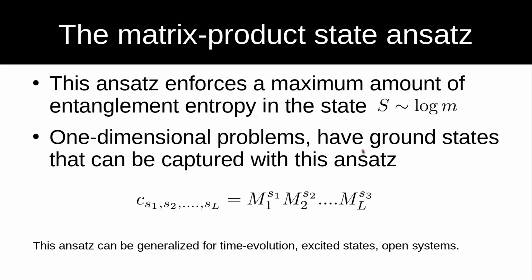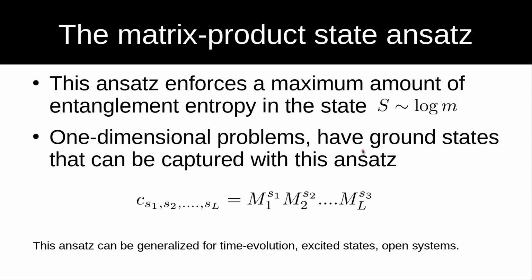This ansatz essentially enforces a maximum amount of entanglement in all the states that you consider, an amount of entanglement that grows logarithmically with the bond dimension. And for one-dimensional systems, that is actually perfect because one-dimensional systems, as we saw before, have entanglement entropy that does not grow with the system size.